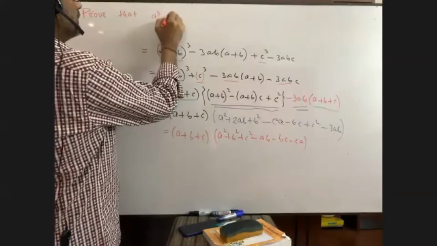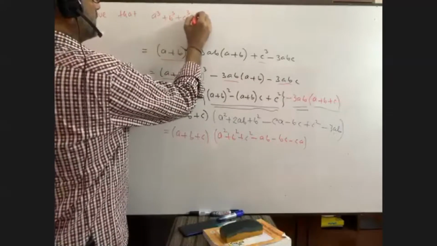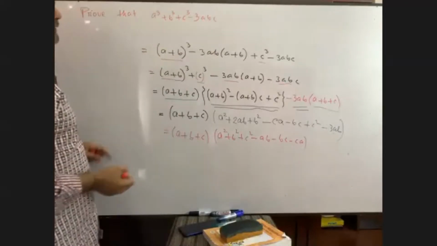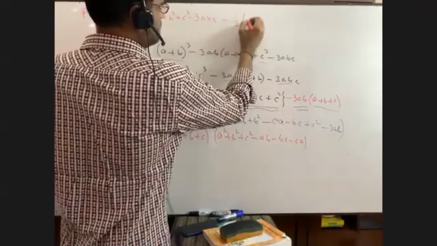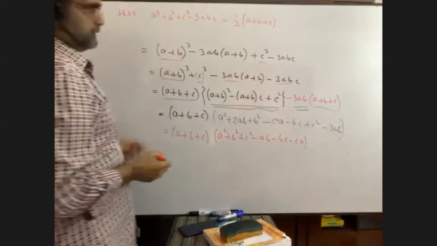a cube plus b cube plus c cube minus 3abc is equal to half into a plus b plus c. Write down.